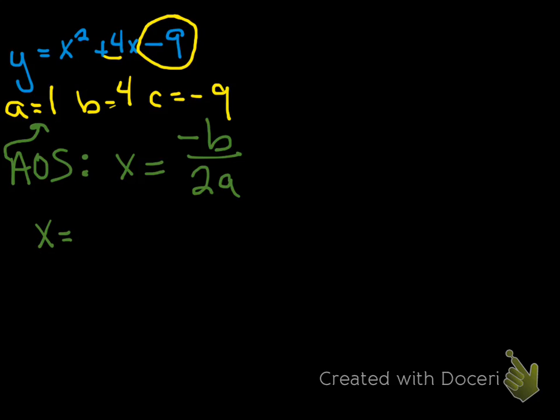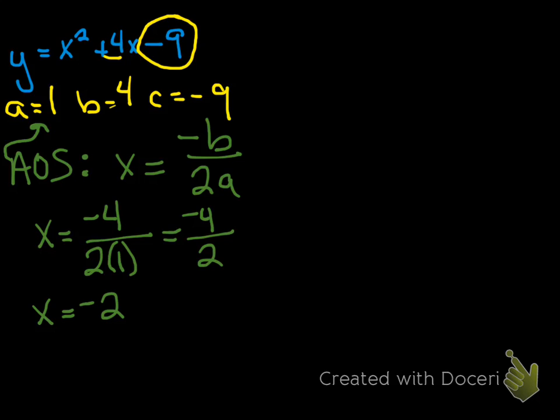So x is equal to negative b, which means the opposite of b, so it's negative 4 divided by 2 times 1. That gives us negative 4 divided by 2. So x would be negative 2. Alright, so this is the axis of symmetry. And remember I said the axis of symmetry always goes through the vertex. So that means that this is the x-coordinate of our vertex.